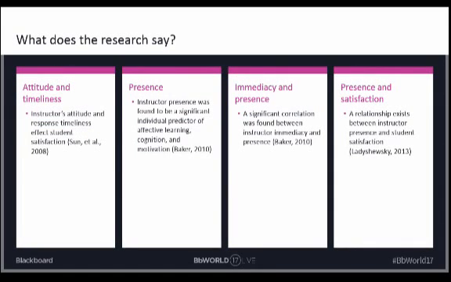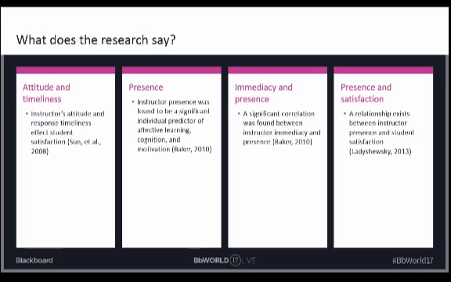Here, you can take a second to look at what the research says about this area, just a couple different examples. I like to point out the first one there with the attitude and timeliness. Instructor's attitude and response timeliness affected student satisfaction. So say you're teaching an online class. The dean said this class had to be online. You don't want to be teaching the class online, and you don't think it's going to be successful. Well, your attitude is projected to the students, whether you think it is or not, through your text, through your video, through whatever you're using in the class.